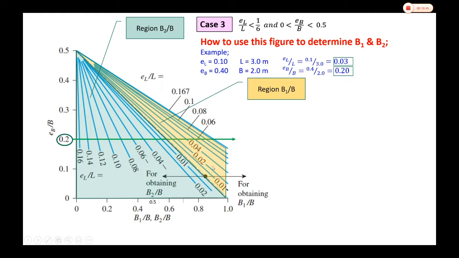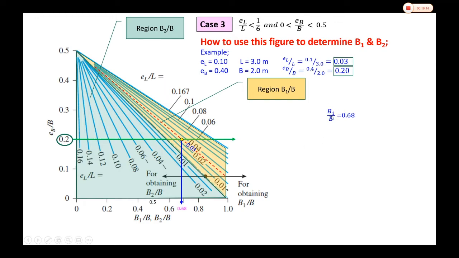Again, there is no line for 0.03, so we need to add another line. Obviously it will be situated in the middle of 0.02 and 0.04. Now we have the dashed red line. Look at the intersection point, going down, and you will get the ratio for B1 over B. It's roughly around 0.68.